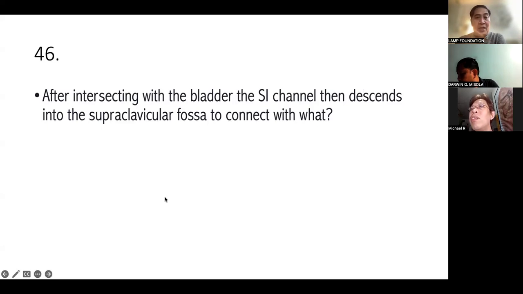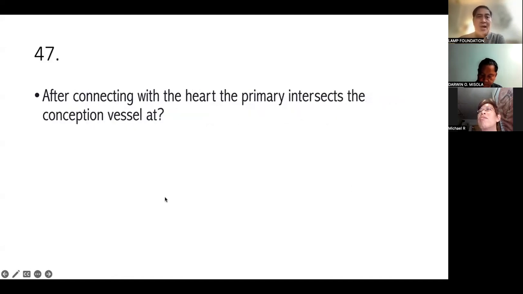After intersecting with the bladder, the SI channel then descends into the supraclavicular fossa to connect with Stomach 12 and connect with the heart. The SI and the heart go together. After connecting, the primary intersects the conception vessel at REN 17, and passes through the diaphragm to the stomach.